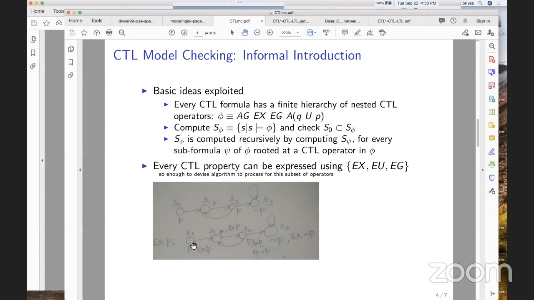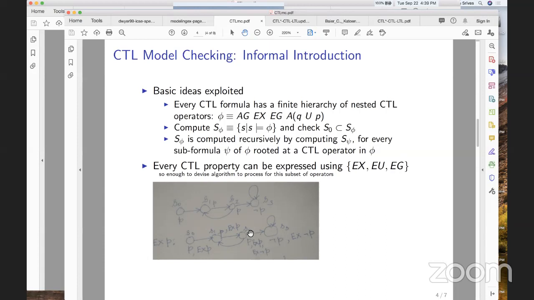So for example, for S0, there is no predecessor state. But S1 is a state in which P is true, which has a label P, and S0 is a predecessor of S1. Therefore, you can label S0 with EX of P. Is there another predecessor for S1?